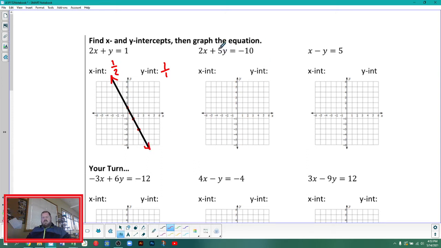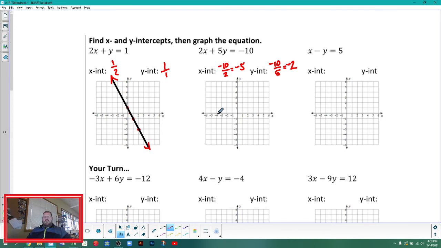The next one, the x-intercept comes from covering up y. And I get negative 10 over 2, which is negative 5. The y-intercept I get from covering up x, negative 10 over 5, which is negative 2.